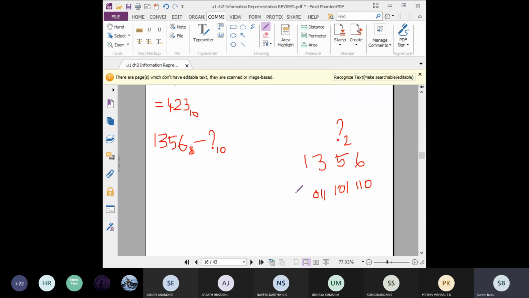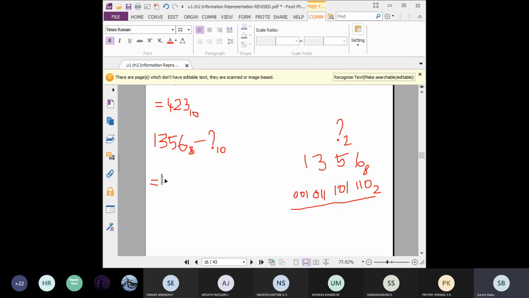Okay, 1 is equivalent to 001. Okay, so now you write it all together, this will be the answer for this above octal number. Okay, very easy. Octal to binary and hexadecimal to binary is very easy. But converting this octal to decimal will take some time to calculate.